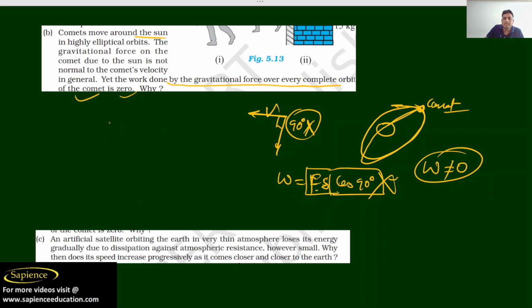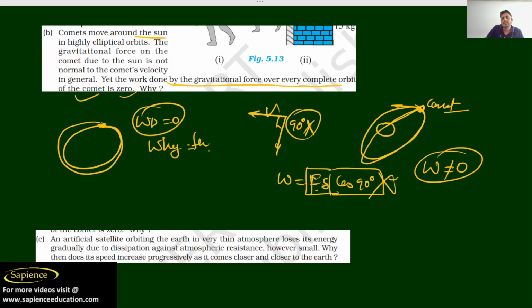So in spite of this, when a comet completes one complete orbit, work done is zero. Why is this? Work done can be zero only where cos 90 is zero, that is, the direction of the force due to gravity and the displacement should be 90 degrees, but in the case of the comet both are not at 90 degrees.